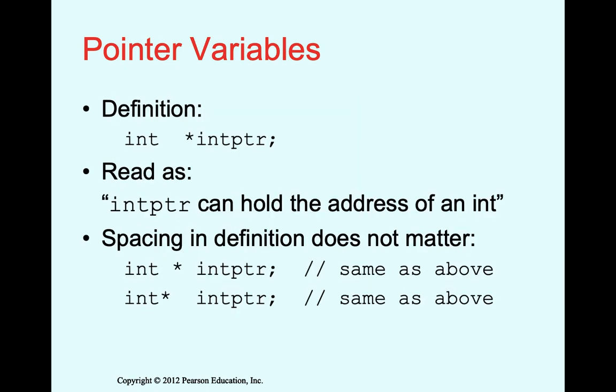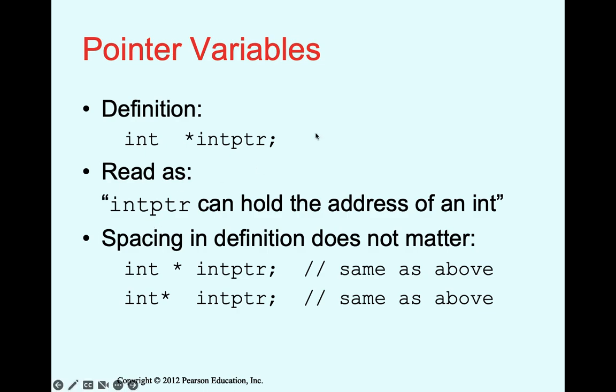So how do we define a pointer variable? If you want to define a normal variable, you write int and the name of the variable. But if you want to define a pointer variable, you have to put a star before the name of the pointer. And usually as a convention, you write Ptr as part of the name, at the end of the name of the pointer variable, like pointer.